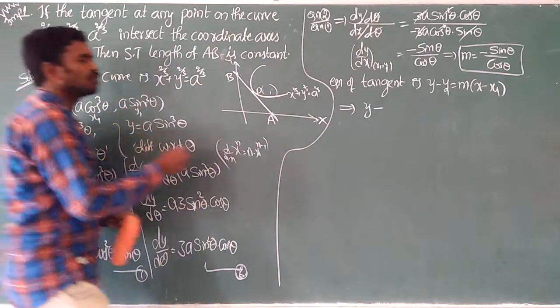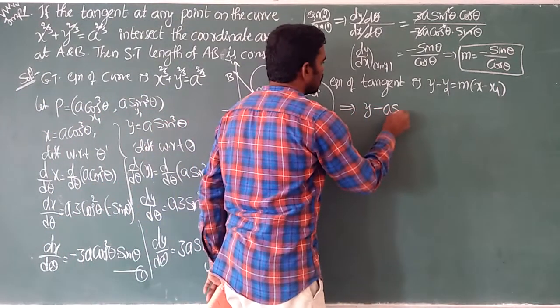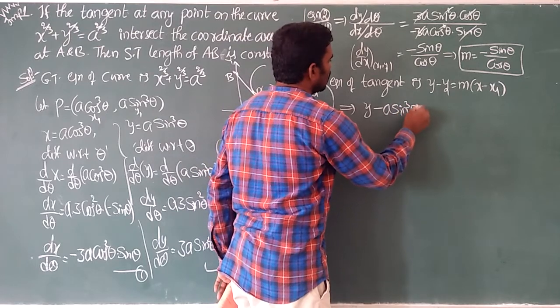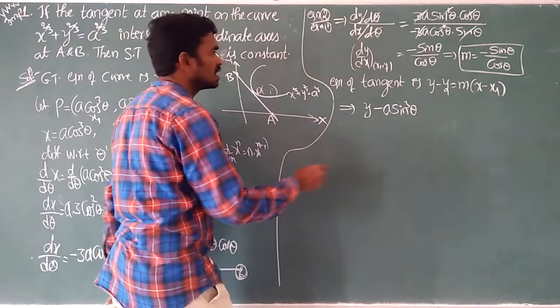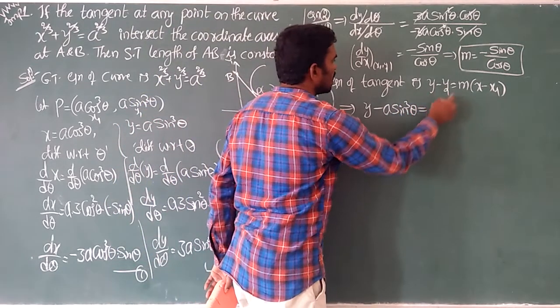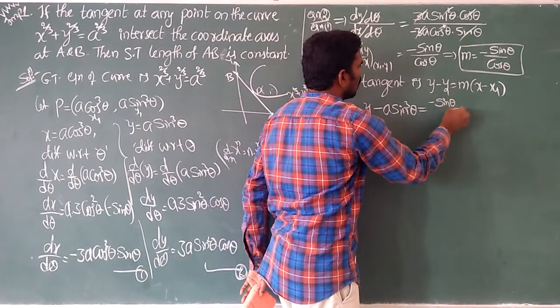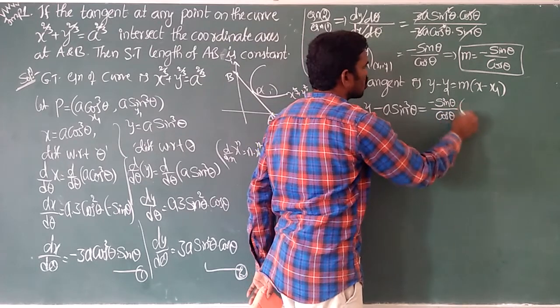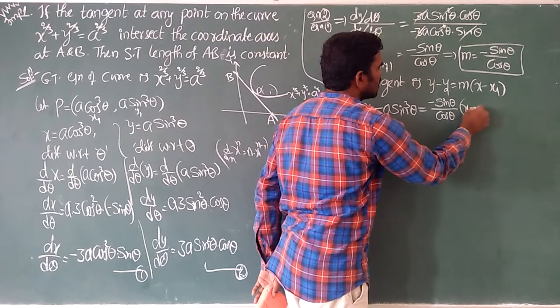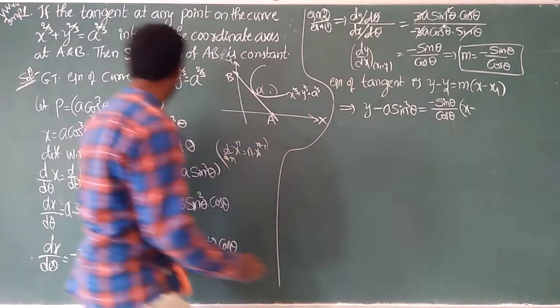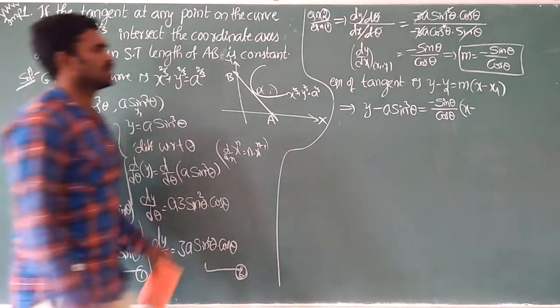This is a sin cube theta. So a sin cube theta. Yes, that's it. And equal means equal. M means, yes, minus sin theta by cos theta. And solve the bracket. X means x, minus means minus, x1 means what? X1 means a cos cube theta.